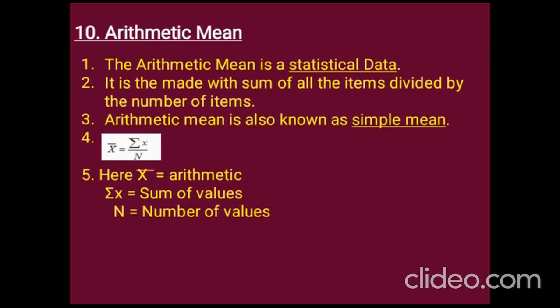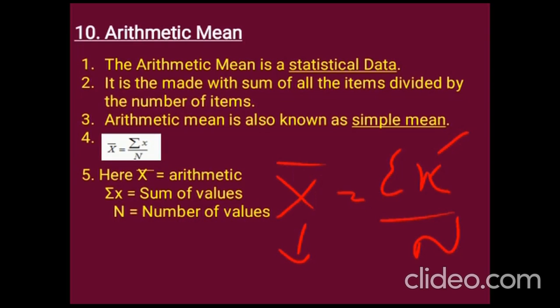Here the formula for arithmetic mean is x bar equals summation of x by n. Here x bar is the arithmetic mean, summation x is the sum of all the values or items, and n means number of items.